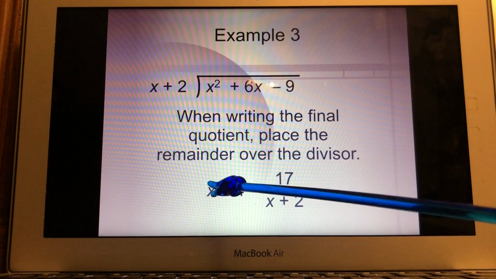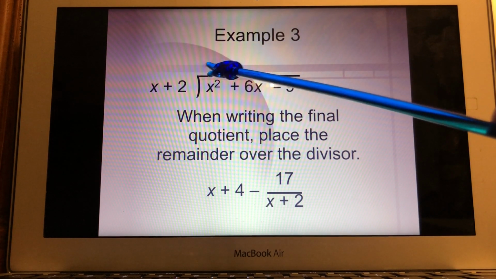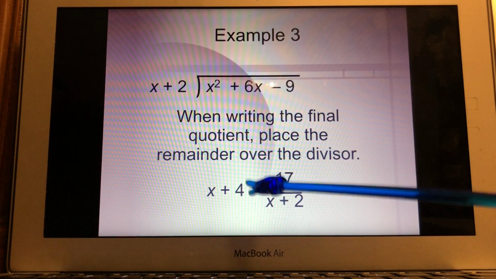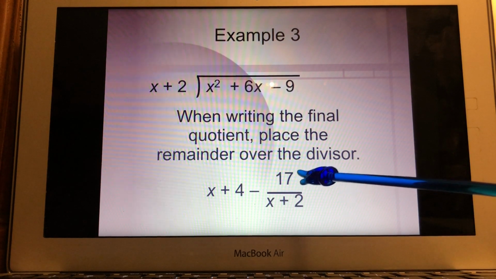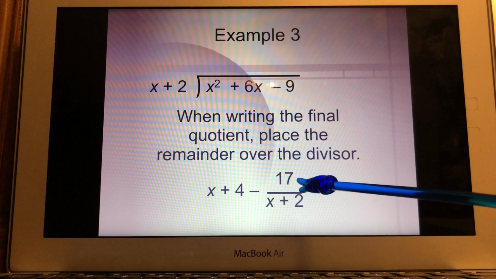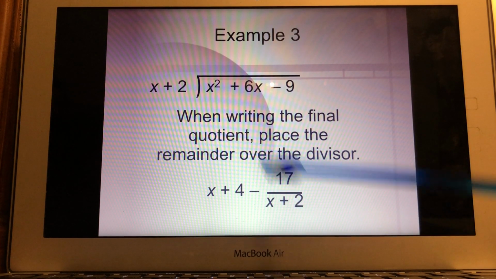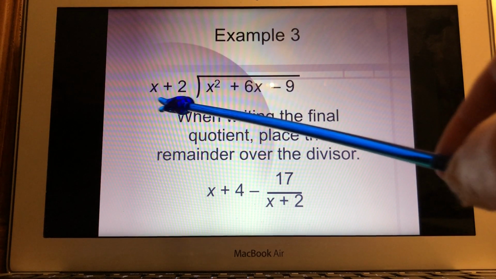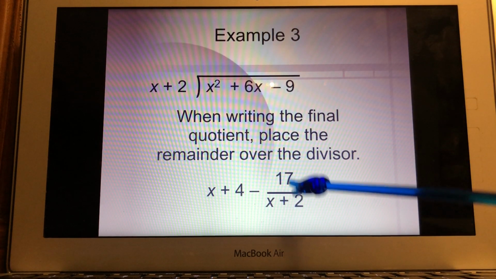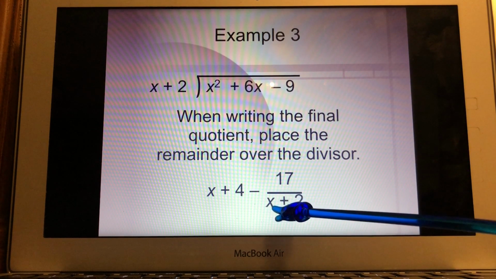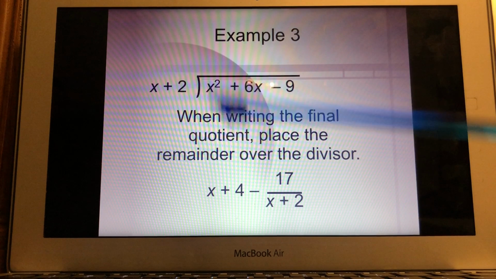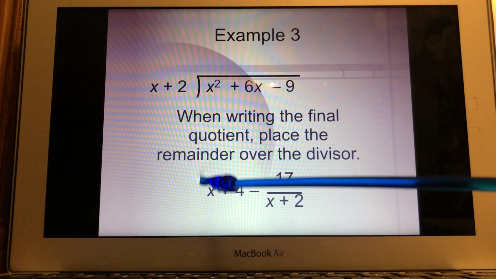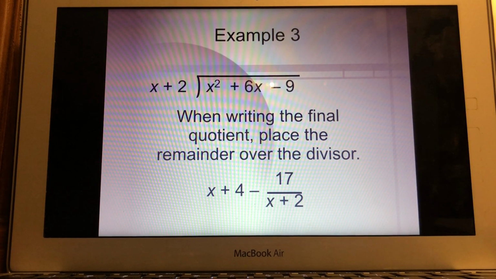So x plus 4, that was what we had here, right? Minus, and then 17 was the remainder, because it was negative 17 actually. And then over the divisor, here's my divisor, x plus 2. And so it's going to be minus 17 over x plus 2. And then this is your final quotient, the final answer.